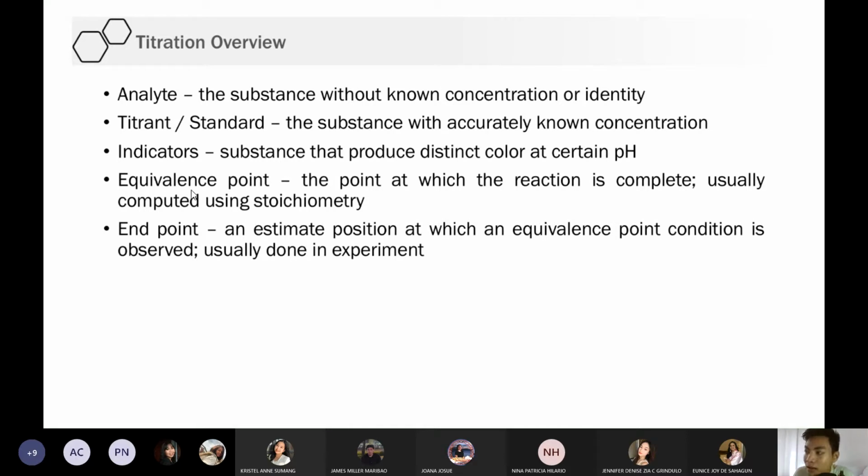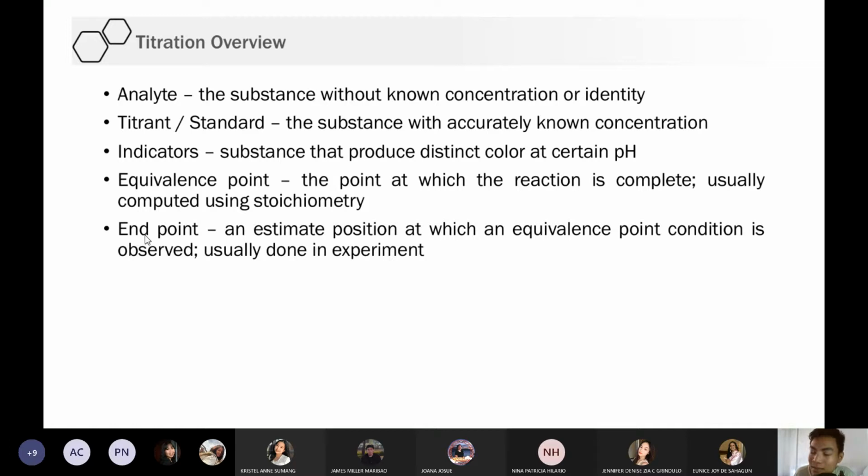Equivalence point. However, yung makikita natin, kunwari nag-color change na yung indicator, ang ma-observe natin ay yung endpoint. And yung endpoint is not necessarily the equivalence point. Bakit? Kasi ang endpoint yun yung estimate lang.